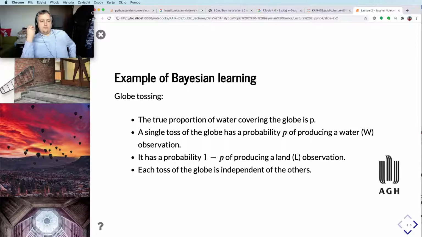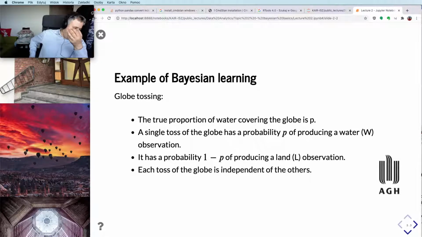So we know that dropping a probe on the planet will give us either a result of water or land. The probability of water is p. The probability of land is 1 minus p. Let us assume that the planet is spinning relatively fast, and our flight is not really connected to it, so we are dropping random drops on the planet.